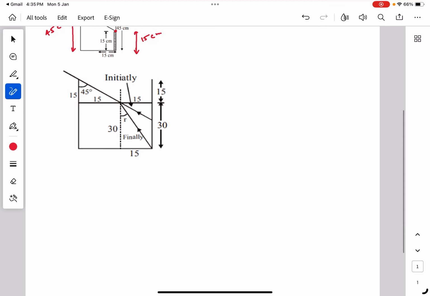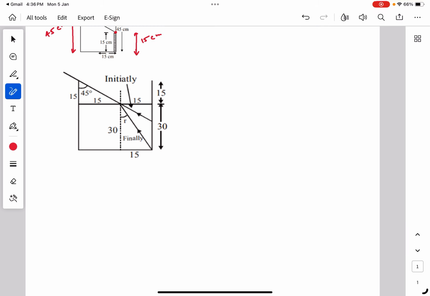Now this jar is filled up with a liquid up to a height of 30 cm. And now the same observer is able to see the edge at the bottom of the jar at point P, which is at a height of 15 cm from the bottom.